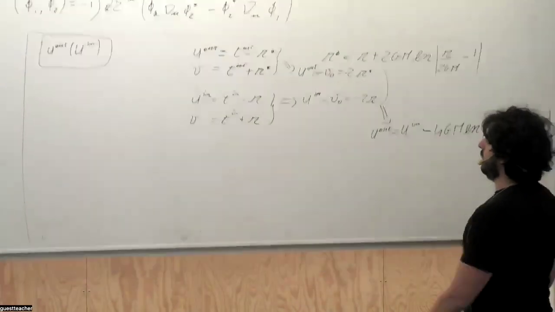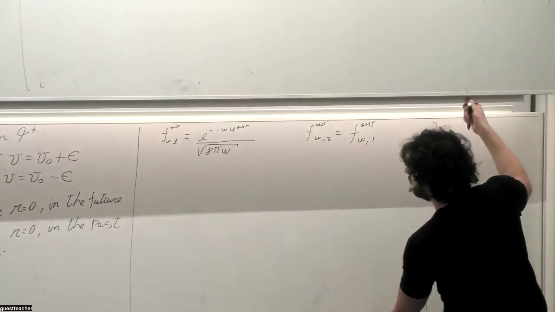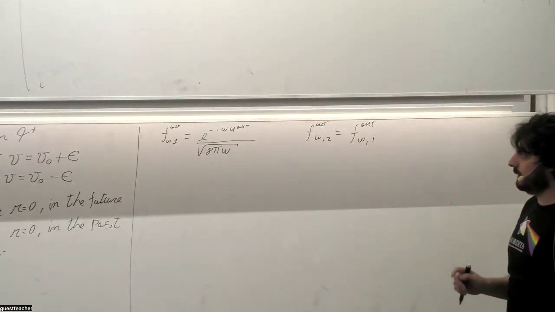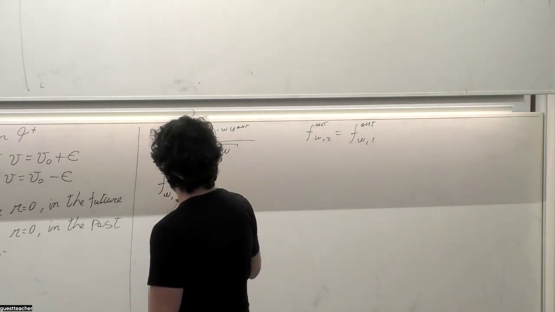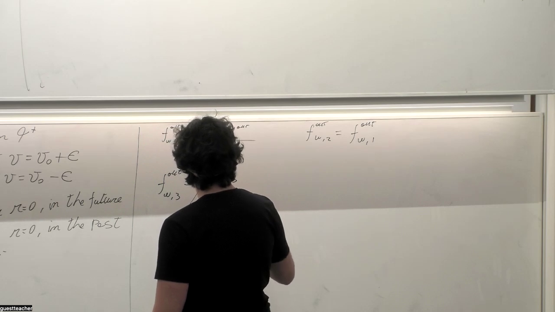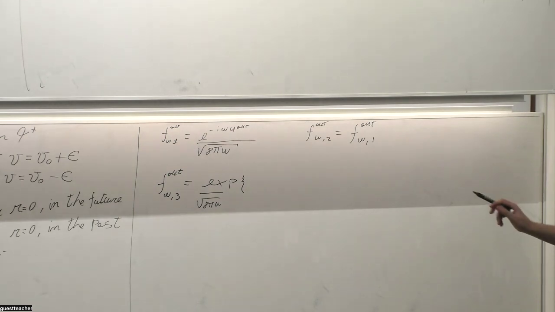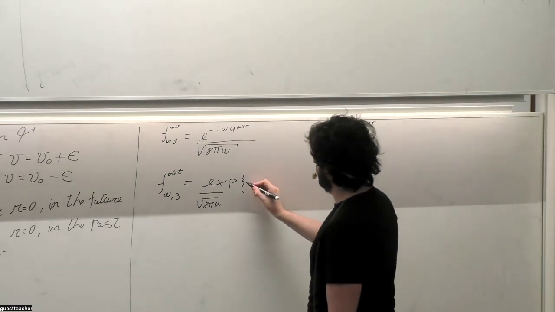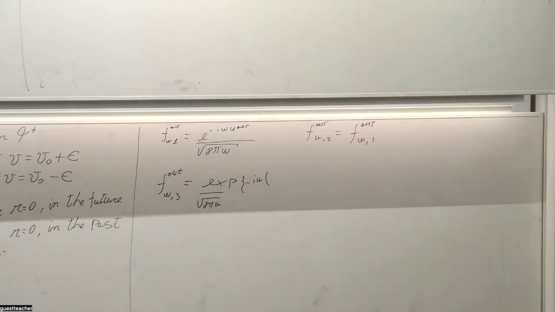So we can write down the mode at position 3. F omega 3 out is equal to, let me write it like this, exp of minus i omega and then u out, but I need to write u out in terms of u in.